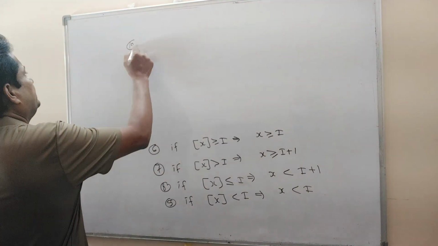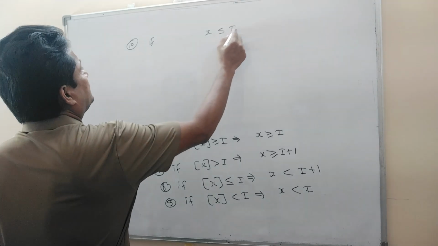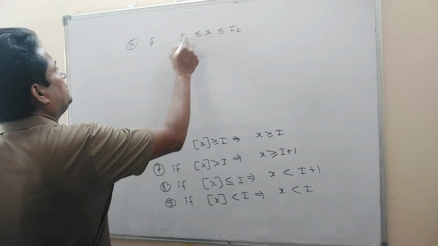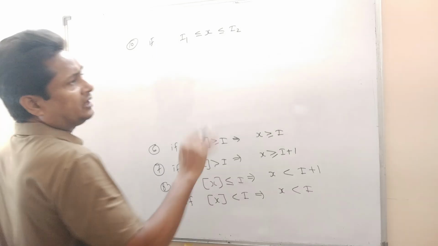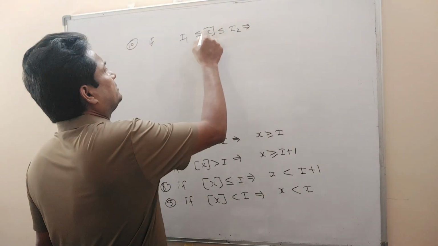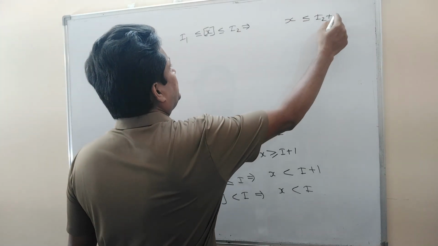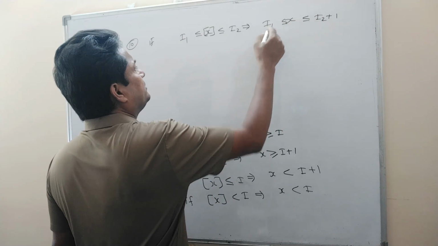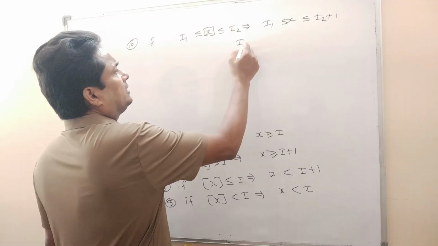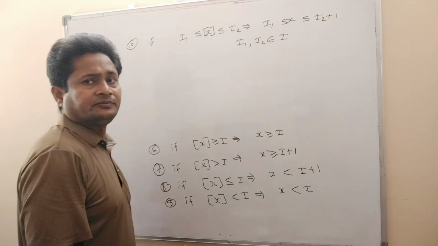Number 10 is if x is less than or equal to I2 and greater than or equal to I1, where I1, I2 are integers, then x will lie between I2 plus 1 and greater than or equal to I1.